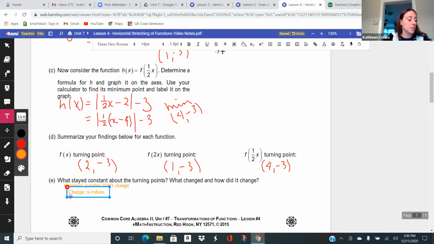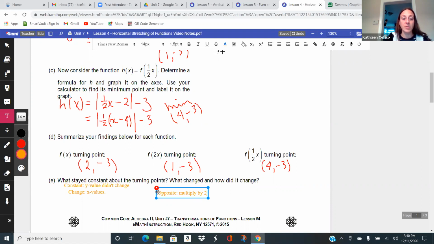Okay, so something that you might want to think, and this is just the way my brain works, maybe you have a different way to think. I always think it's opposite. It's opposite of what I want it to be. Okay, so if I were to multiply by 2, notice what really happened.